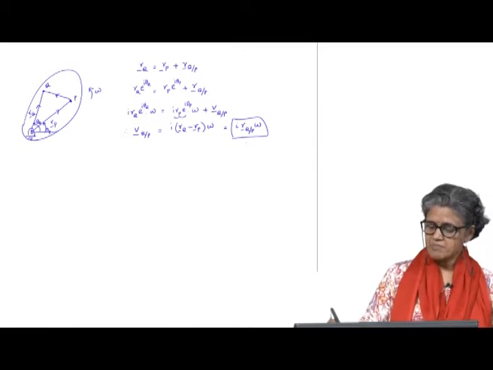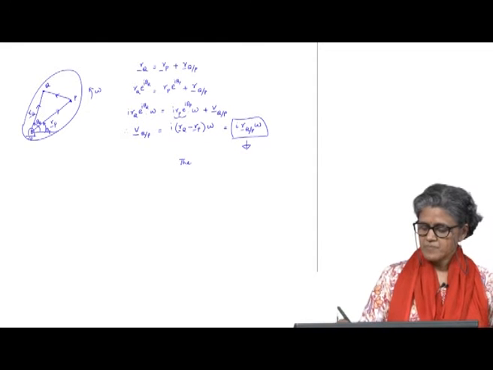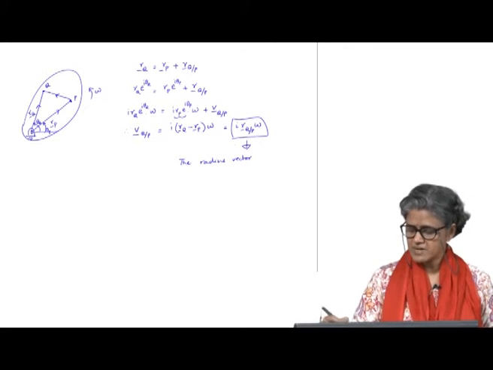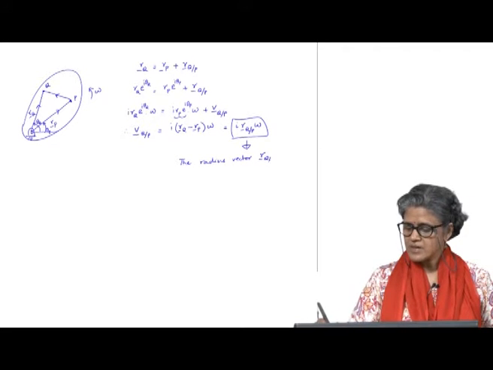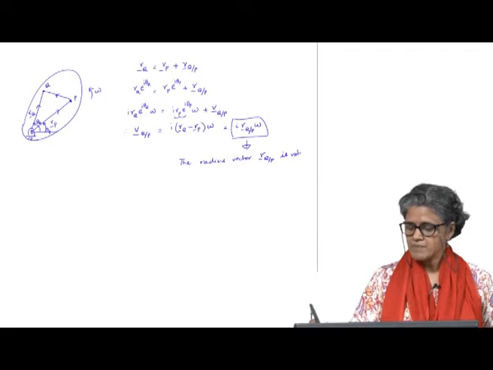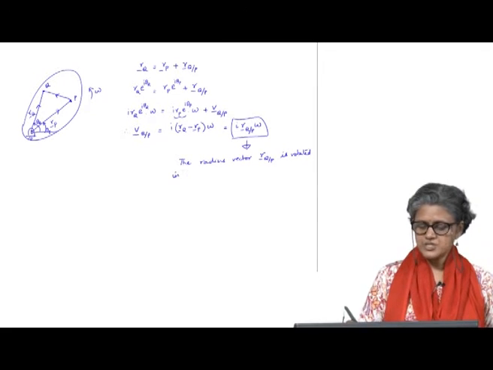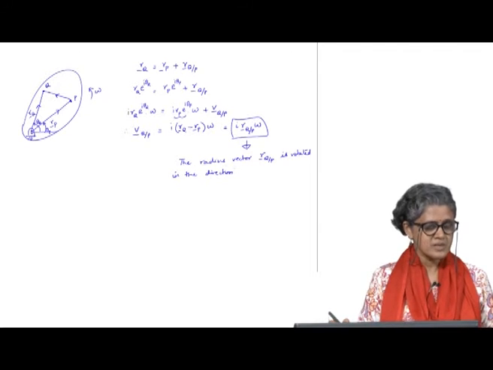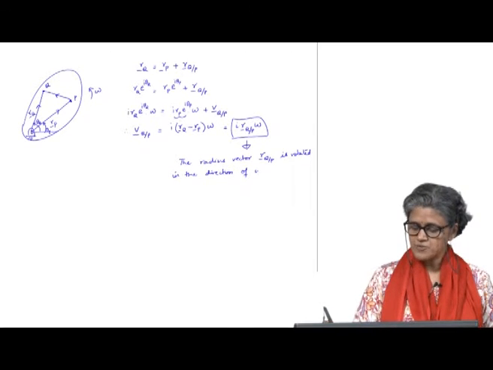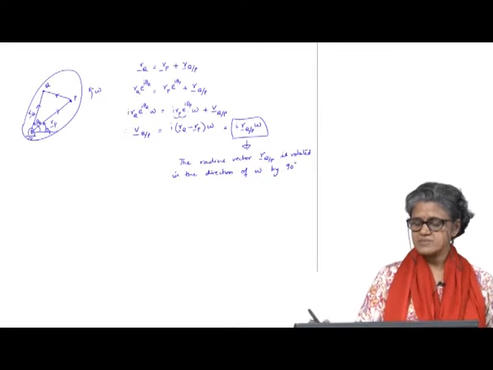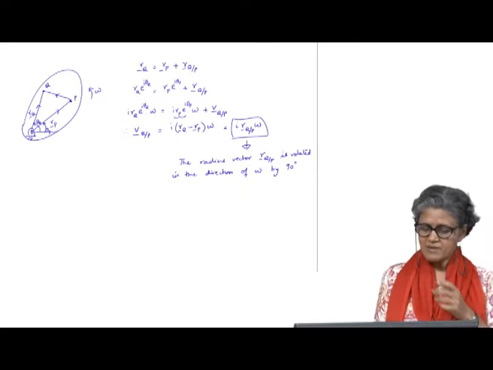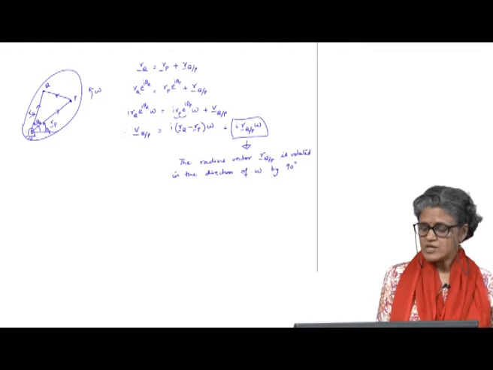This implies the relative position vector R of Q relative to P is rotated in the direction of omega by 90 degrees. If omega is positive, it will be a counterclockwise rotation. If omega is negative, it will be a clockwise rotation. This is what we will use when we look at the velocity diagram.